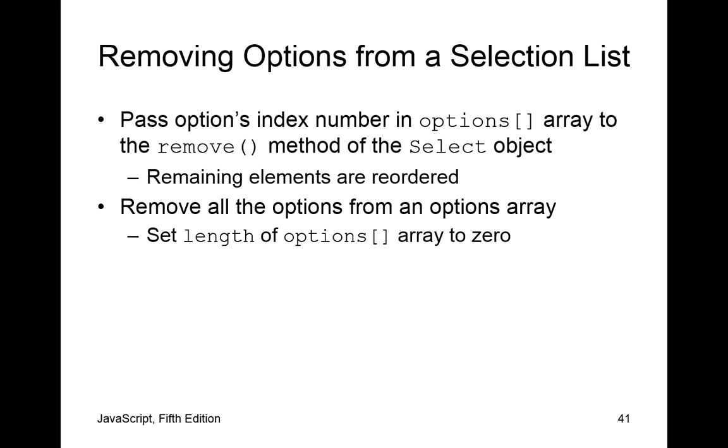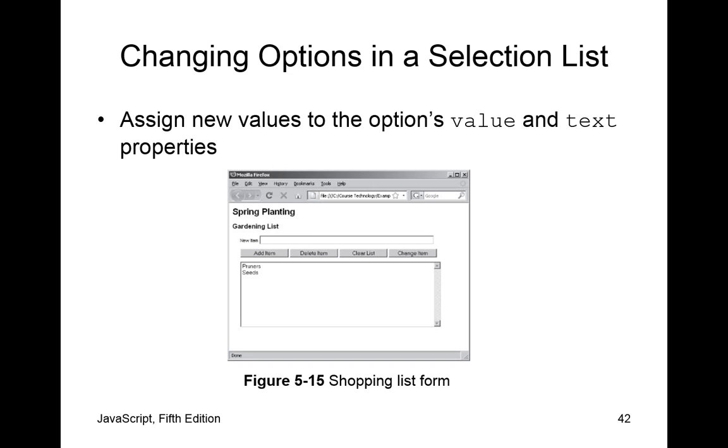If you can remove an option from a selection list, you just send off that element's ID or from that array, and then do the remove function. Make sense? So if I wanted to delete items, let's say I had these, is that pruners and seeds?